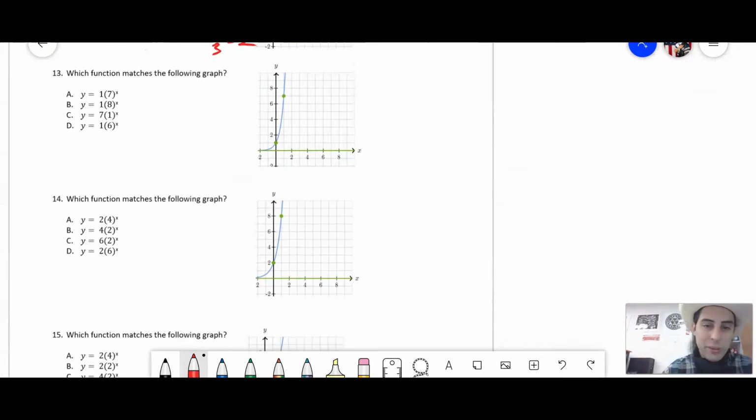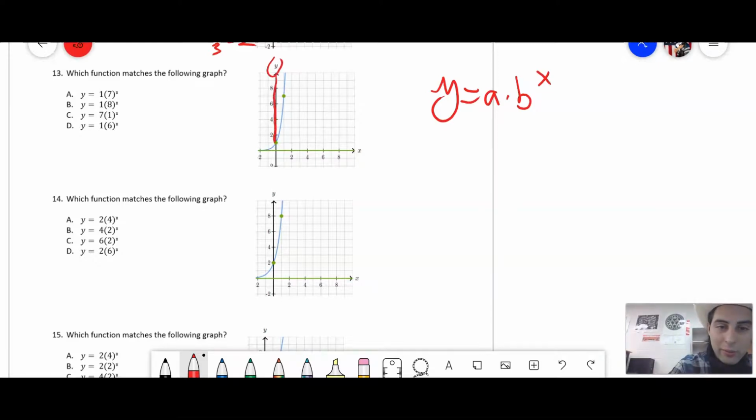Which function matches the following graph? Okay, so once again, we're doing y equals a times b to the x, right? So once again, on the y-axis, you go down here. What's this y? This a equals 1, right? That's where my y-intercept is.